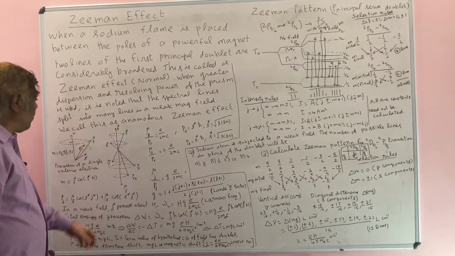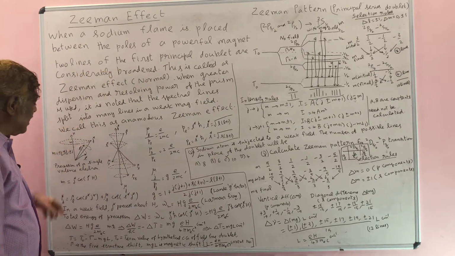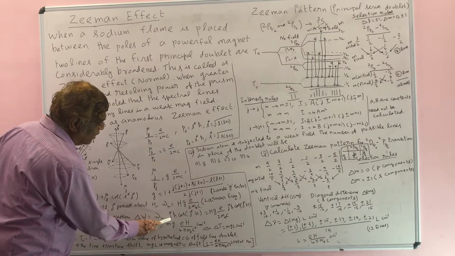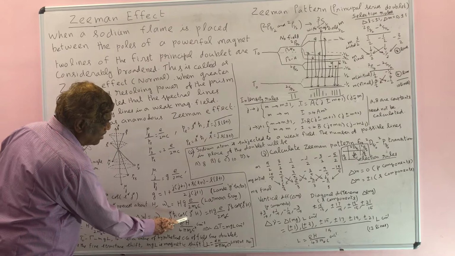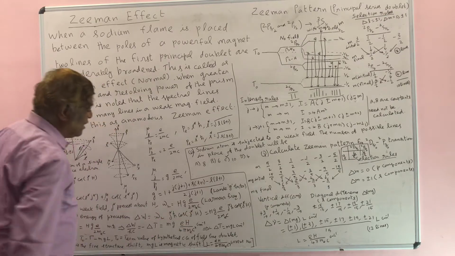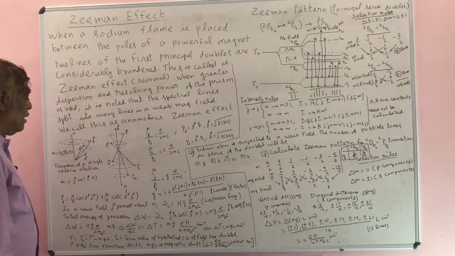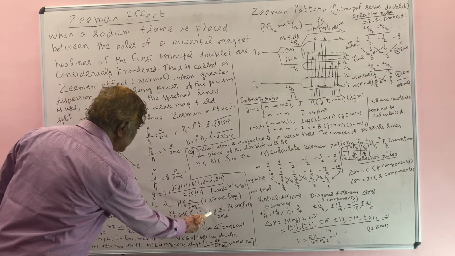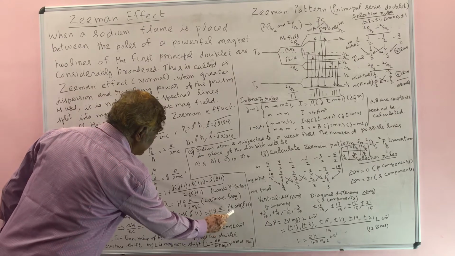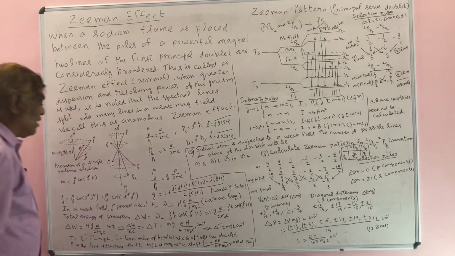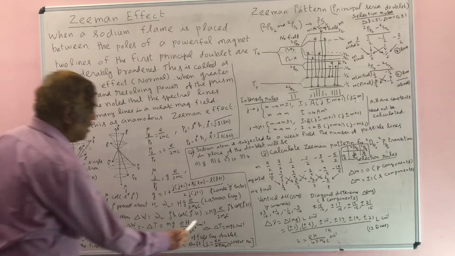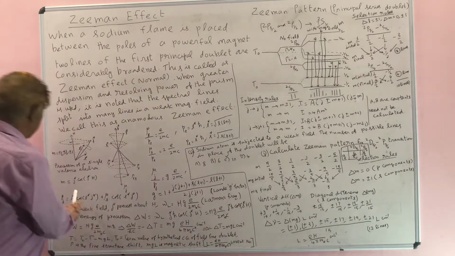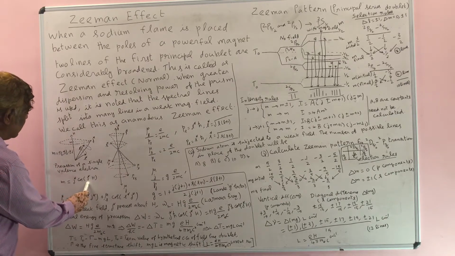Then the total energy of precession can be found: delta W is equal to the Larmor frequency into J star H cross cos of J star H. You substitute for omega from here, this is H G E by 2 M E C into J star H cross cos J star H. And what is J star cos of the angle between J star and H?